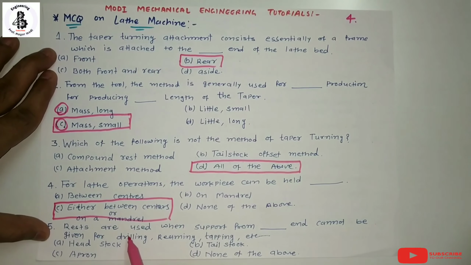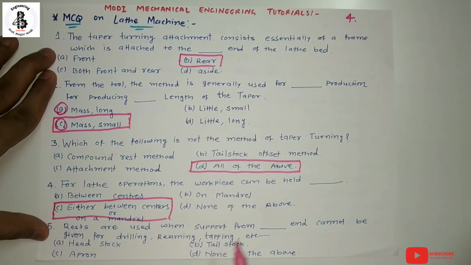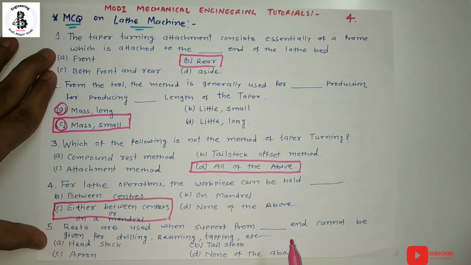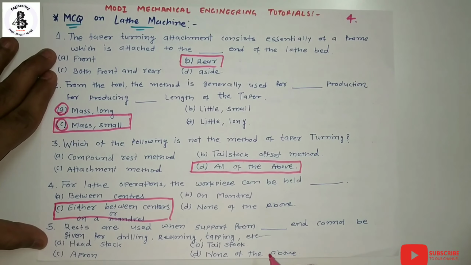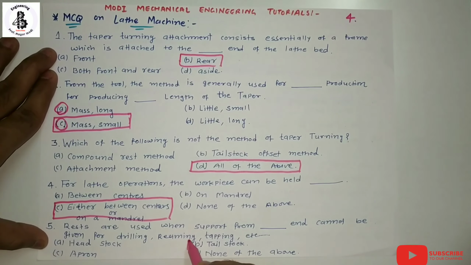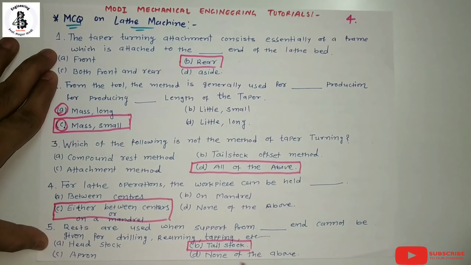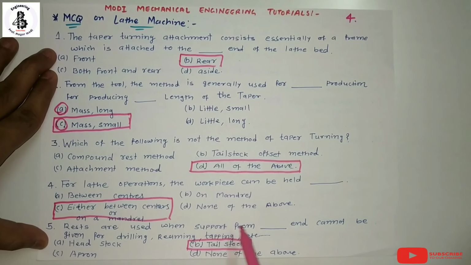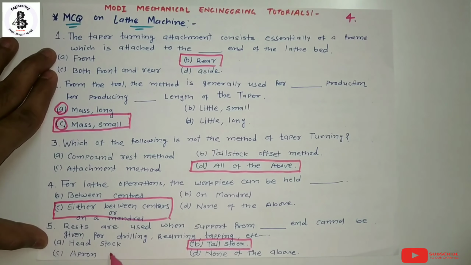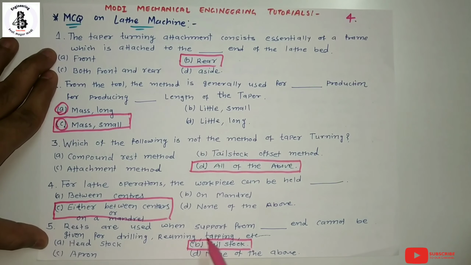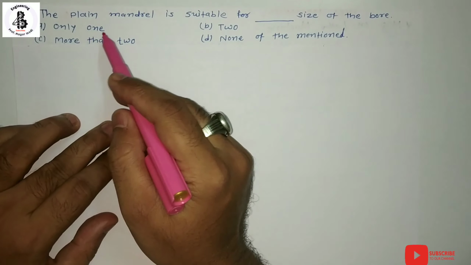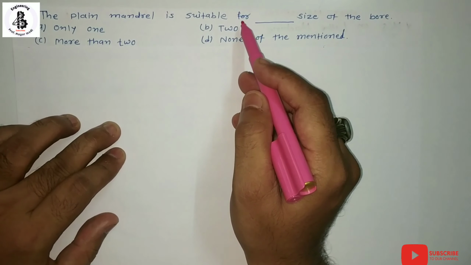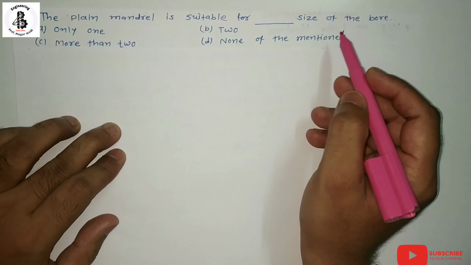So rests are used when support from the tailstock end cannot be given. If you want to learn the construction and working of lathe machines in detail, you should find the link in my description. So the answer is B, tailstock. Rests are used when the support from the tailstock end cannot be given for drilling, reaming, tapping, etc.